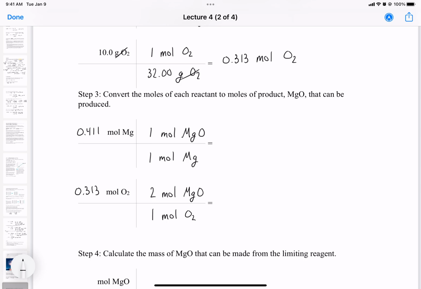So in this case, our moles of magnesium will produce 0.411 moles of magnesium oxide. And then oxygen will produce 0.626 mole of magnesium oxide.